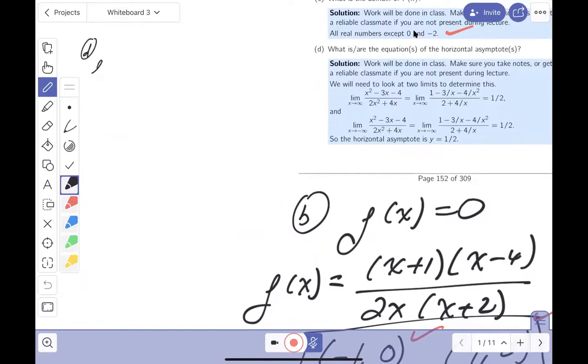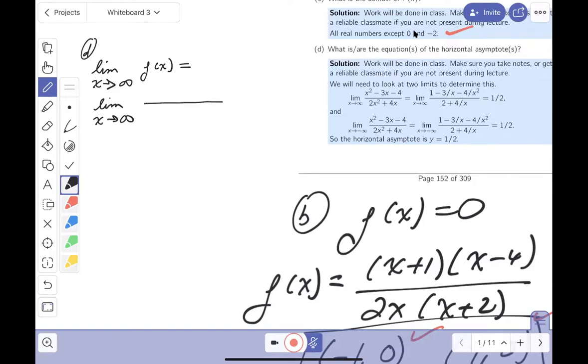The limit as x goes towards infinity of f of x. We'd like to know what that is. The way we do that, the way we're recommending you do it, is you divide the top and the bottom of this rational function by the highest degree variable.